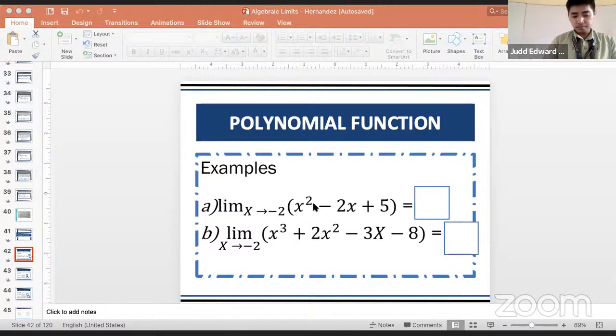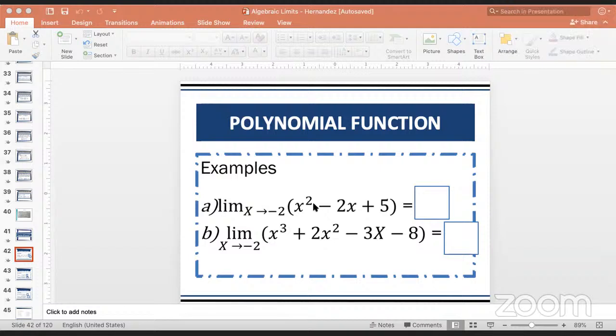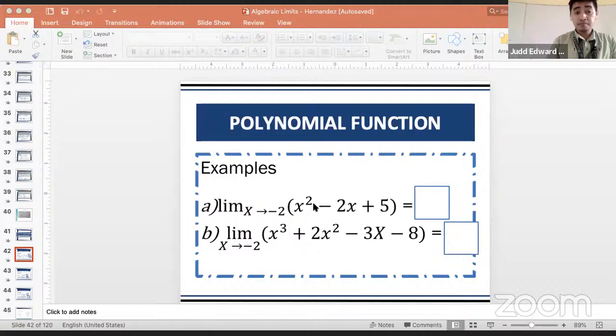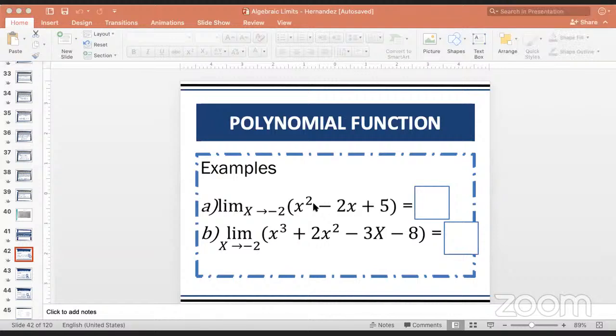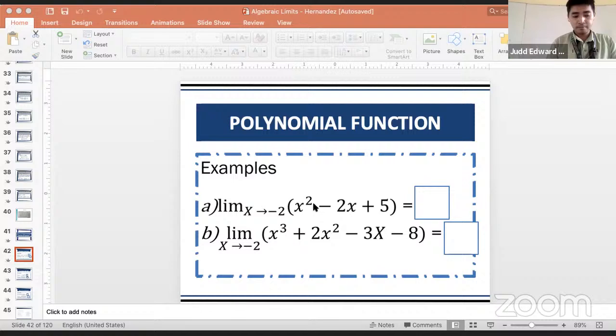Yes, Rachel. Sir, negative 18 po. For letter B, negative 18, do you have the same answer po? Ay, sir, hindi po pala. Wait. Mali. Yes, Lan. 14 po, positive 14.